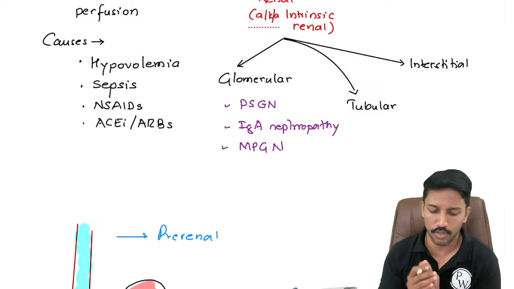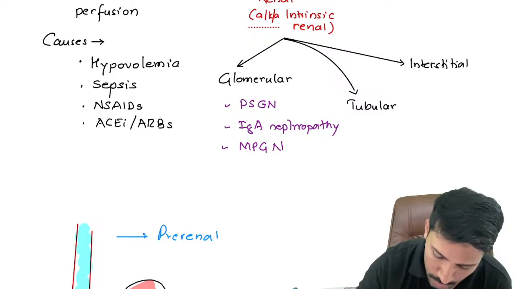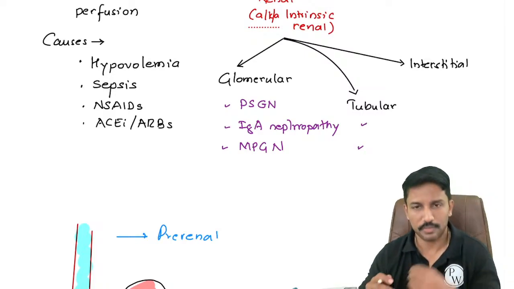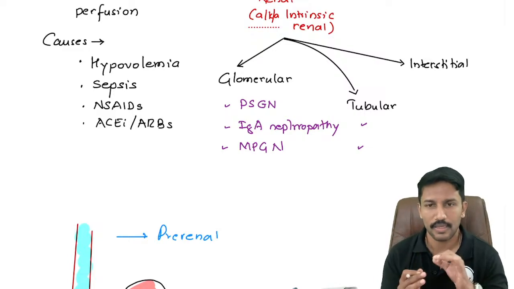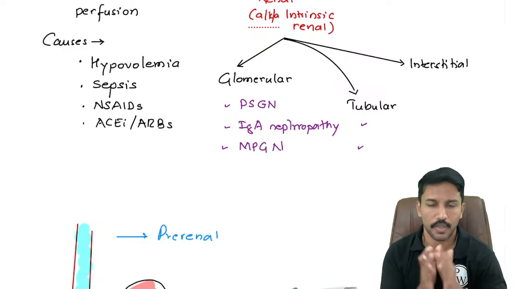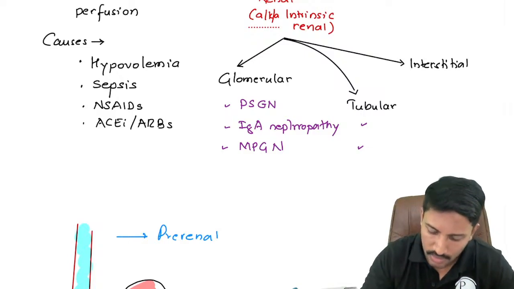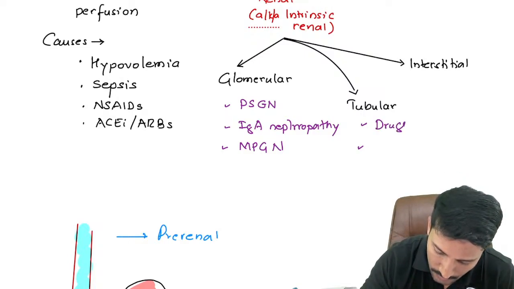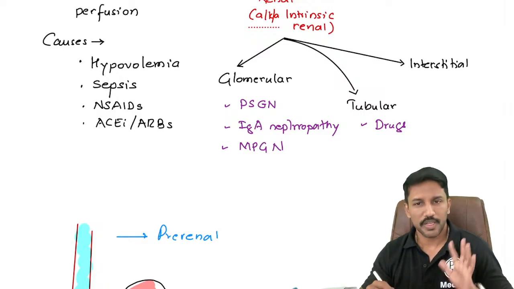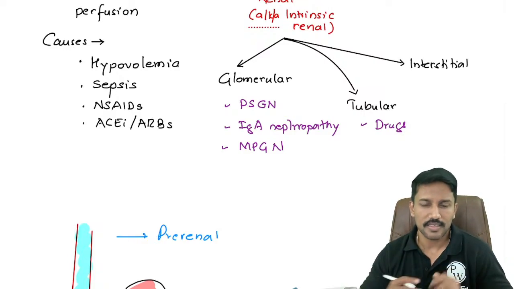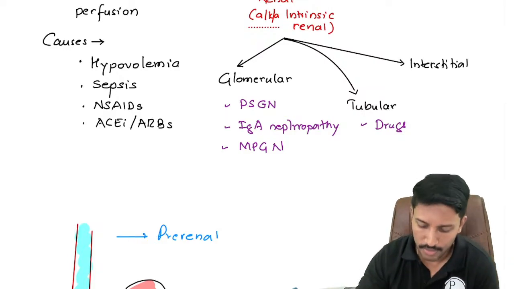And we also have tubular pathologies. What tubular pathologies? The renal tubules, the proximal convoluted tubules, the distal convoluted tubules, the loop of Henle, they can also get affected. What are the common causes for their involvement? One of the common causes that we encounter is drugs. Can you name some drugs which are known to cause tubular injury? For pre-renal AKI, we gave the examples NSAIDs, ACE inhibitors. Which drugs can cause tubular injury?